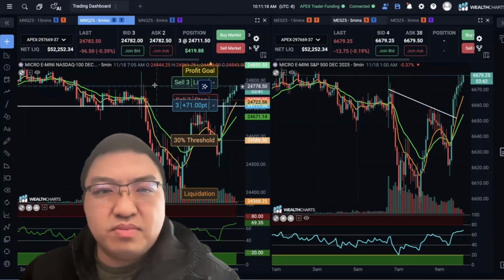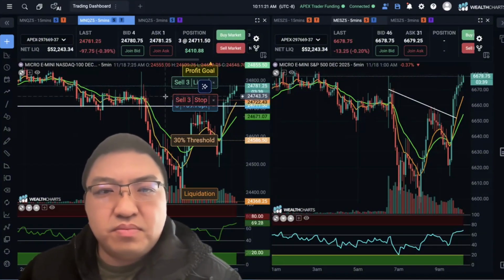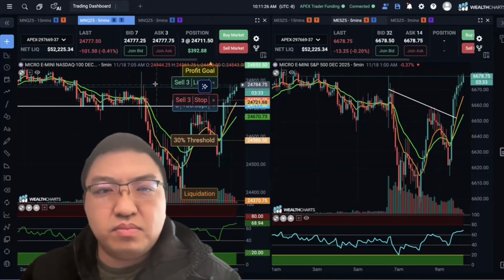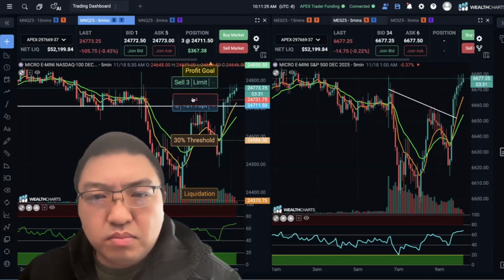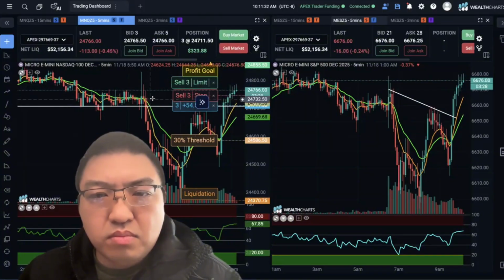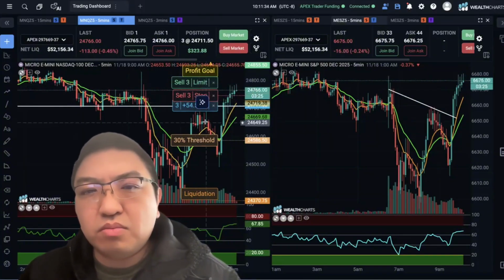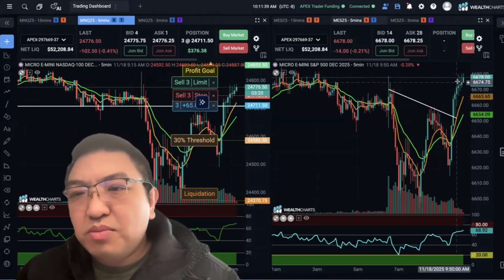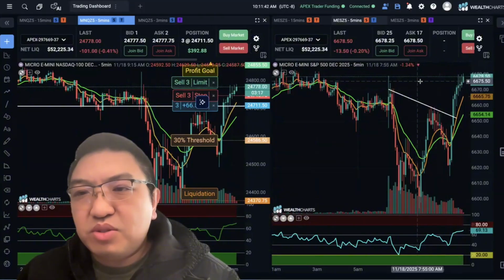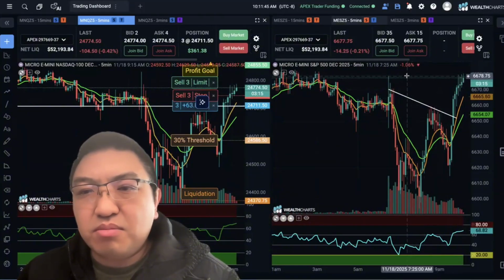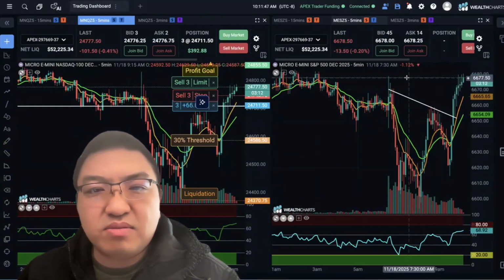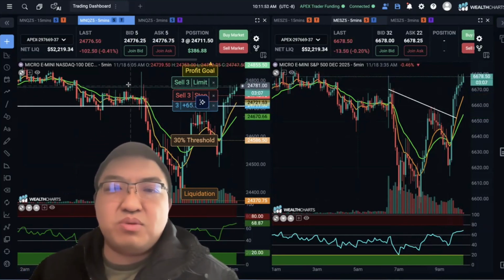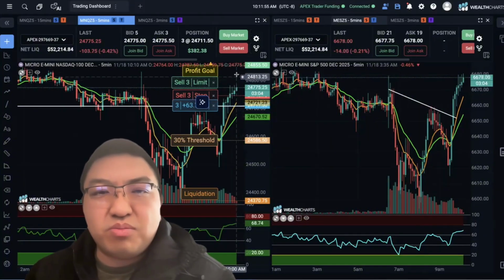Come on. Oh, we cannot break out. There are so many attempts, one, two, three, four, trying to break out this, but it gets rejected. Some seller is defending this level, and for NQ, somebody is defending this. But once we break out, it will be a long journey.